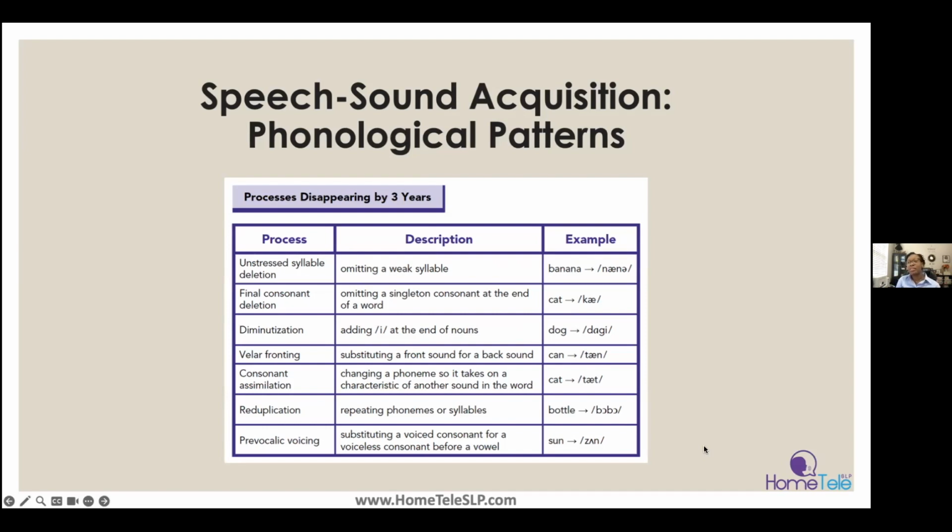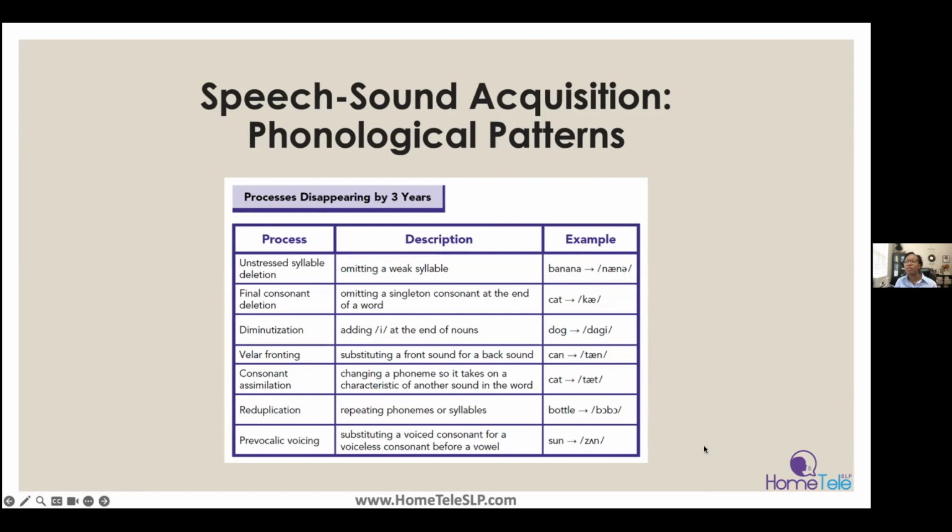So that process that we see at the top is called unstressed syllable deletion. And what's happening is when the child is producing this type of process, they're getting rid of, dropping, omitting the weak syllable in the word. So here's an example. In the word banana, instead of producing that first syllable, ba, which is the weak syllable in that word, they're dropping it. And it sounds like they're just simplifying the word to nana, right?